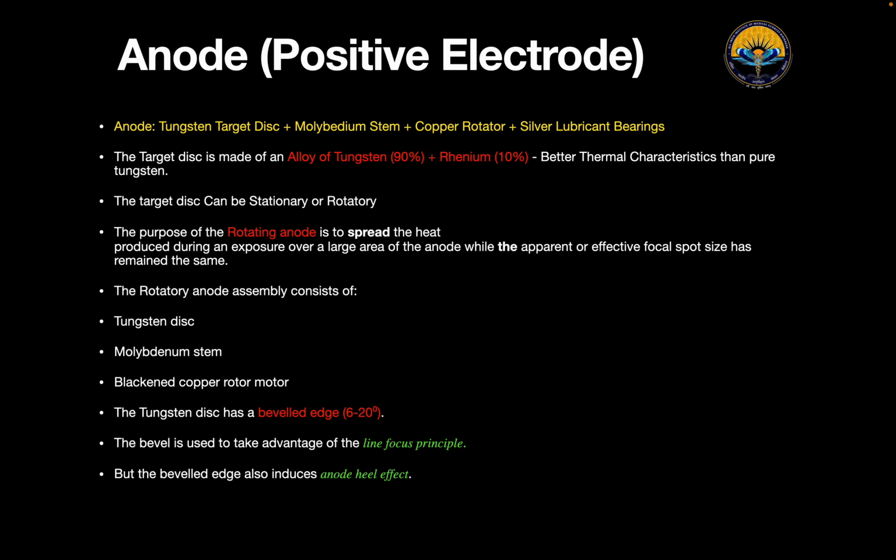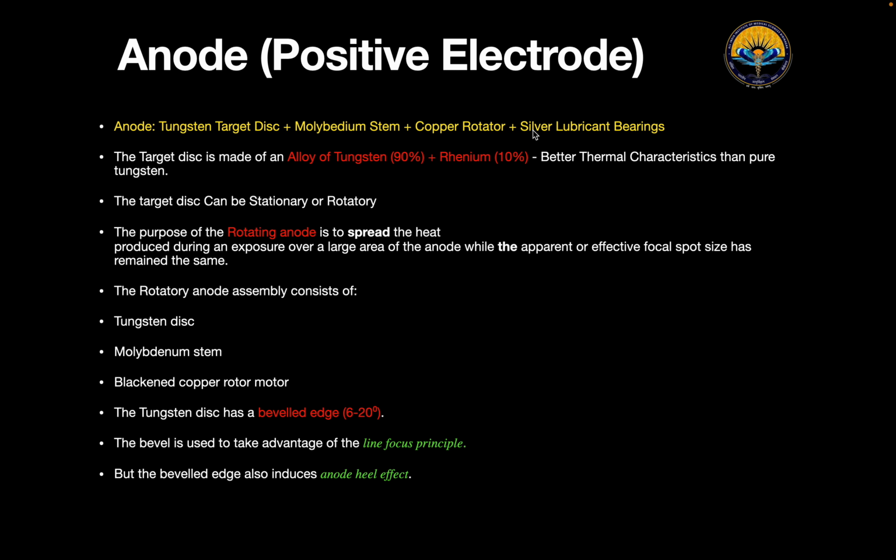So ultimately we have a target disc, which is made up of tungsten and rhenium in a 90 to 10% ratio. Then we also have a copper rotator, and this copper rotator is blackened so that we can have more and more heat loss. And we have bearings also which help in movement, and this all is lubricated with the help of silver. So that's how the anode system is made up.